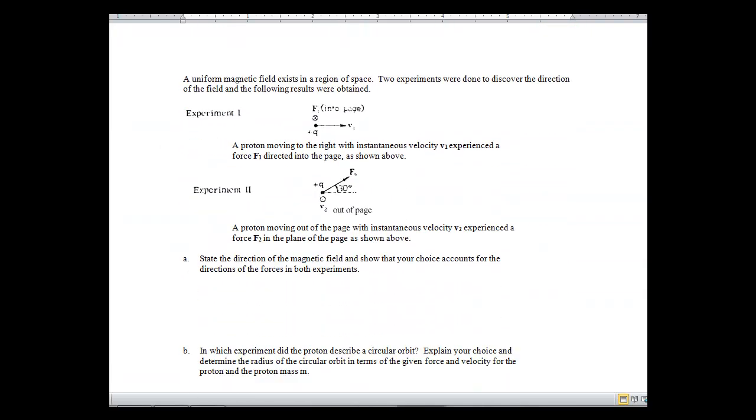All right, now we have an experiment. This is difficult. So we want to state the direction of the magnetic field based on these two experiments. So you have to use your right hand, make your gun, point your thumb into the page for the first experiment and your finger in the direction of velocity. And you'll see that your middle finger can sweep out in this direction.